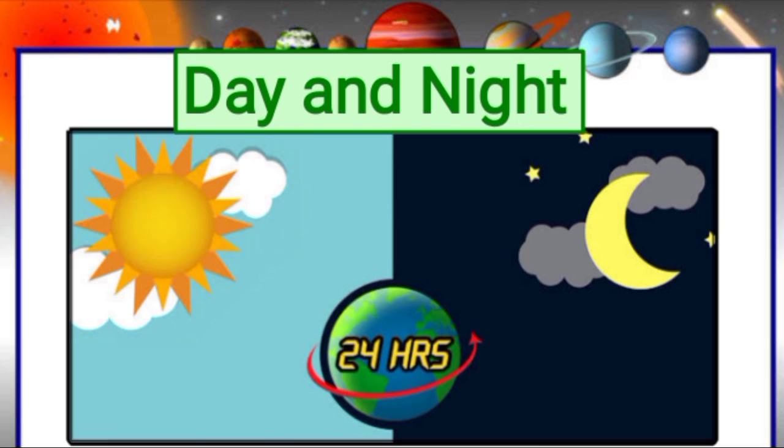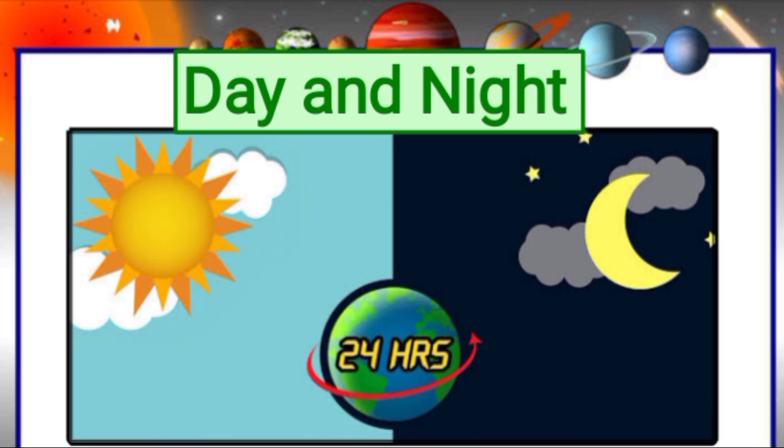The changing length of days and nights depends on where you are on earth, whether in Asia, Australia, or any other continent or country, and even the time of year. Daylight hours are also affected by the tilt of earth's axis and its path around the sun. And we experience day and night alternately.